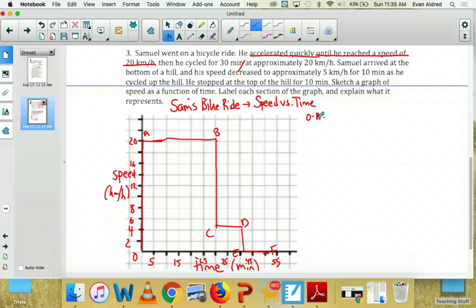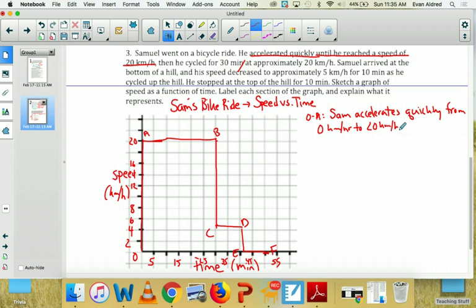We just have a speed and a time, and quickly, even though it's not specific, is a time. So we would say Sam accelerates quickly from 0 kilometers an hour to 20 kilometers an hour. There's our first line segment, 0 to A.